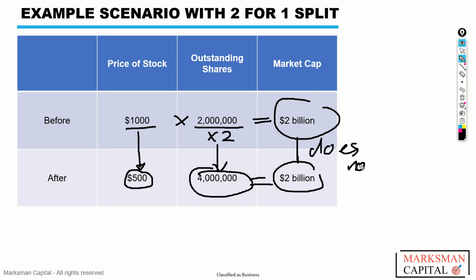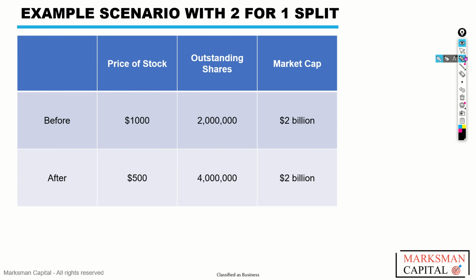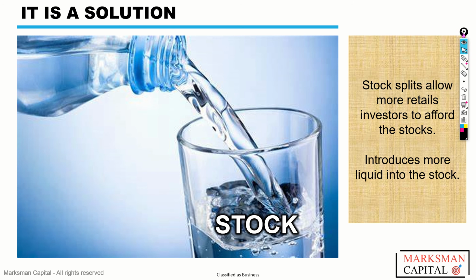So like we presented earlier, it's like cutting a pie. You have more pieces, but the size does not change. Like I said earlier, it's a solution, and stock splits also introduce more liquidity into the stock.